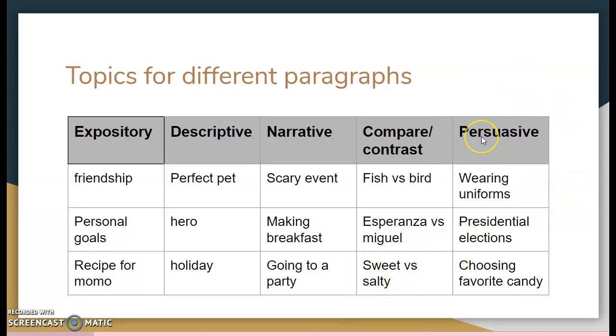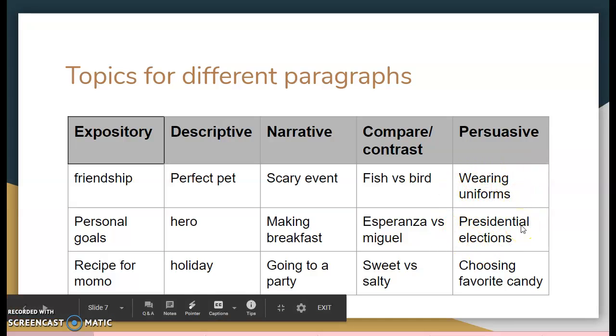And then finally, in your persuasive writing, you're going to try to convince the reader to agree with you. So you want the reader to say, yes, I agree. So you might write about wearing uniforms, or the presidential elections that are coming up. Should we vote for Trump or should we vote for Biden? And choosing your favorite candy. So those are all different topics.